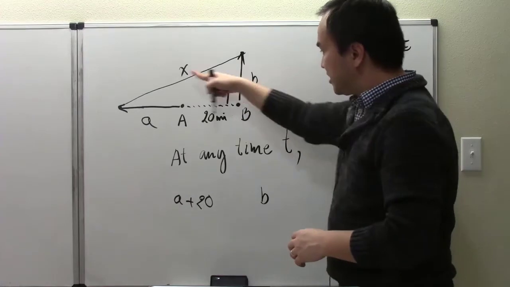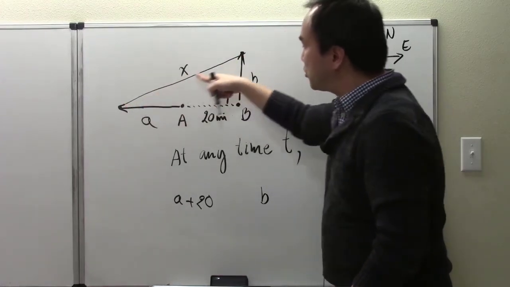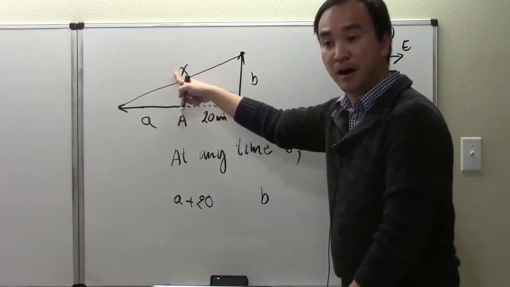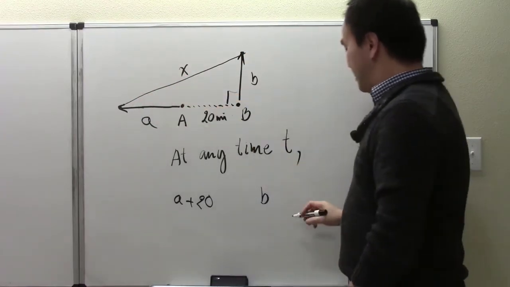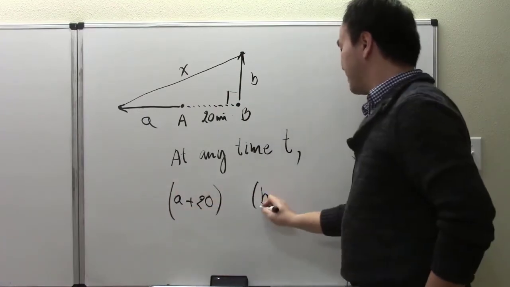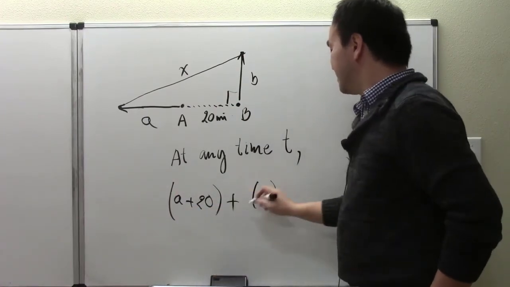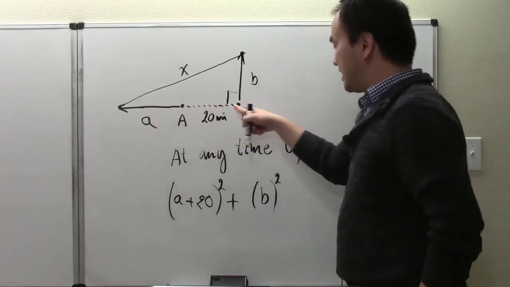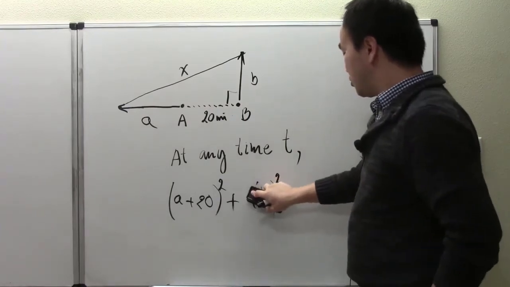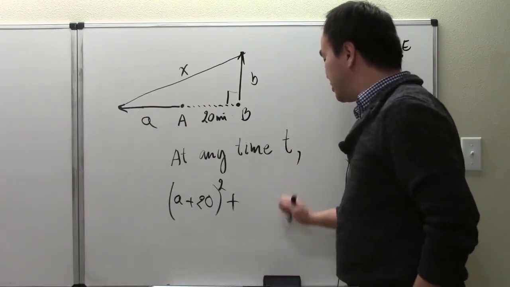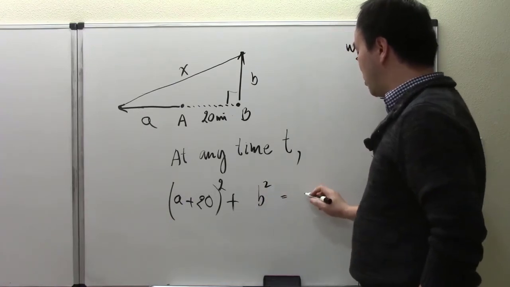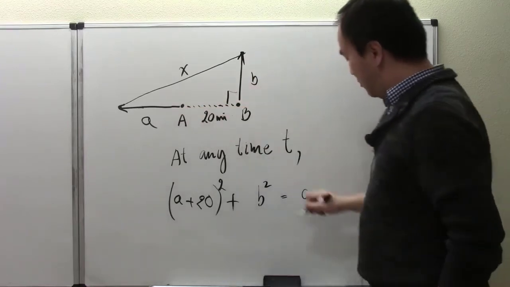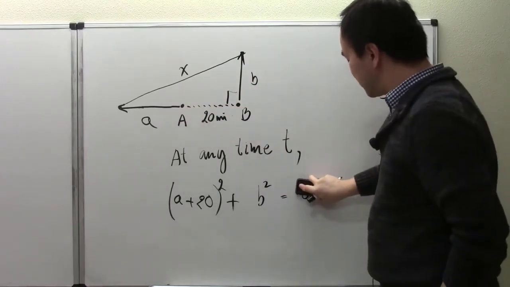But now in this triangle setup, the distance between the two ships is acting as the hypotenuse of our right triangle. And so now the Pythagorean theorem famously guarantees for us that a plus 20, that longer leg, and the shorter leg, the sum of the two squares of the legs equals the square of the hypotenuse.